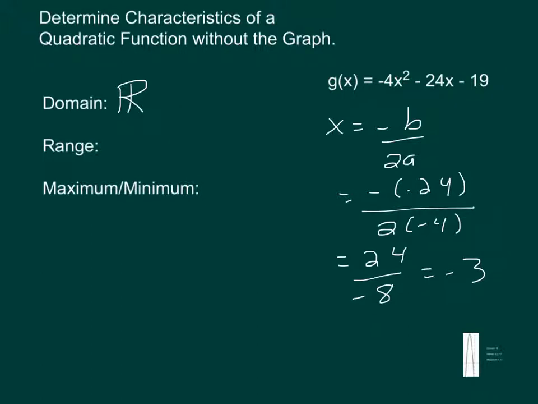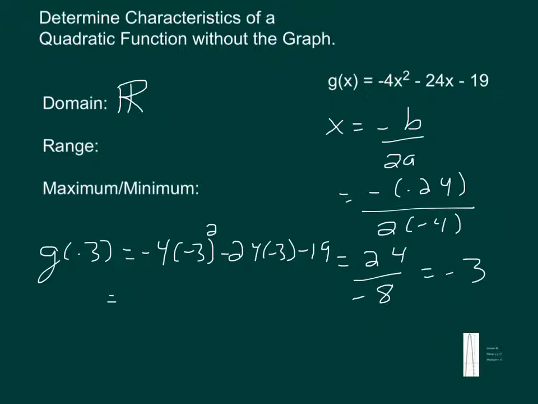And so to figure out the y-coordinate, I need to figure out what is g of -3. G of -3, I just plug into my equation: -4 times -3 squared minus 24 times -3 minus 19. So now I just have to simplify. First I square the -3, which is 9.